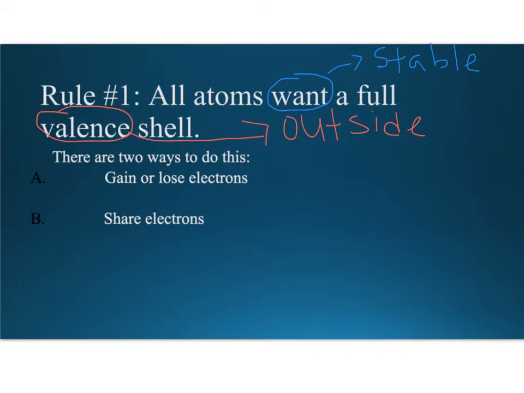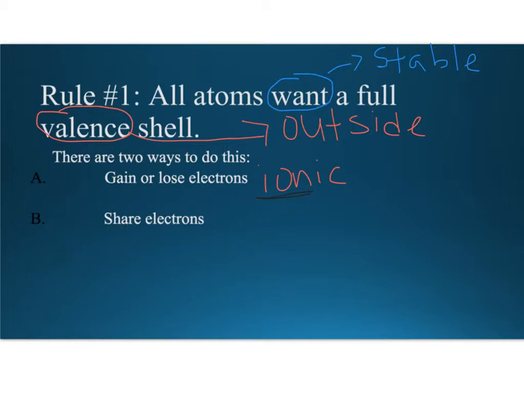Now, if we gain or lose electrons, this bond is called ionic. And this is a nice vocabulary word because if we look at this root, this ion part, ion means a charged atom. And so when we gain or lose electrons, we're going to an ion, and then ions make ionic bonds.